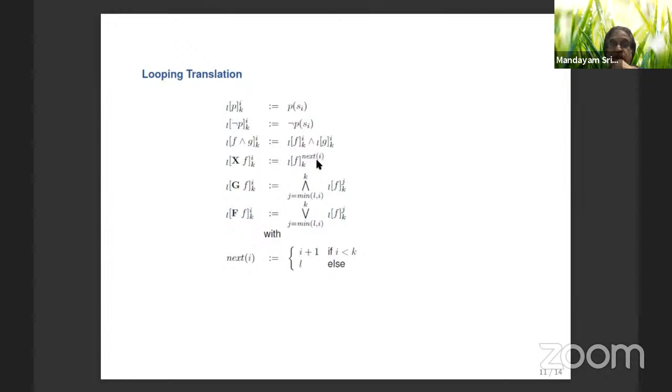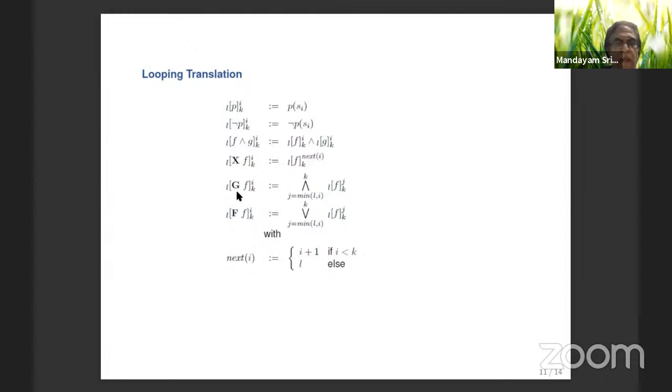If I is less than K, then it is just the translation that you get starting from I. Otherwise, you have to do it all the way from L to K, because you have the information that K's successor is L. Because you're nesting, you're defining it for a nested formula. That's why it is defined in this fashion.